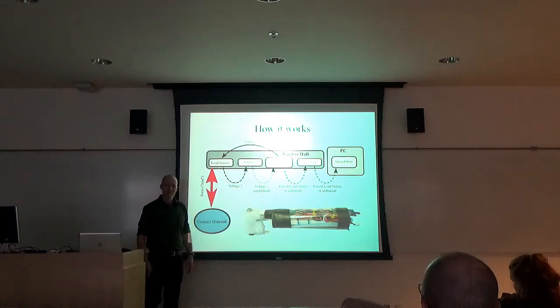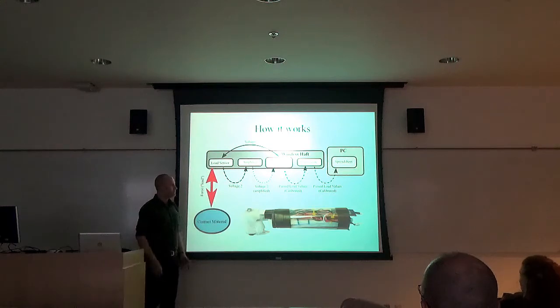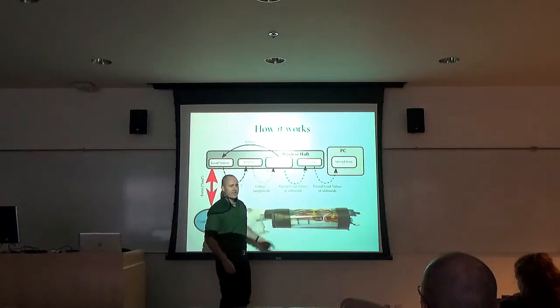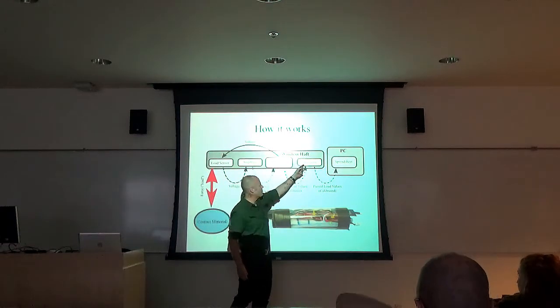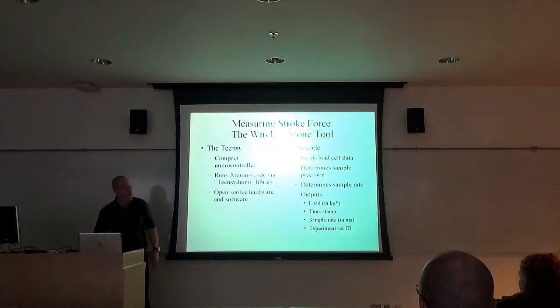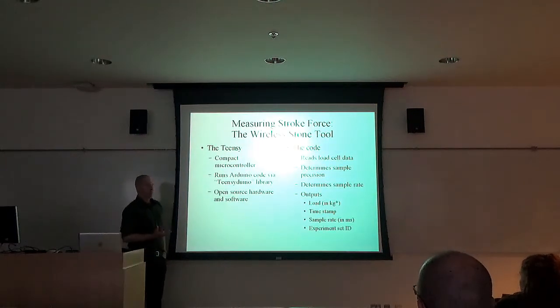I generally use kilograms because it's the most easily expressible to folks. So then once the Teensy has that, it bounces it to the Bluetooth chip, which, as I said, sends it to the PC.